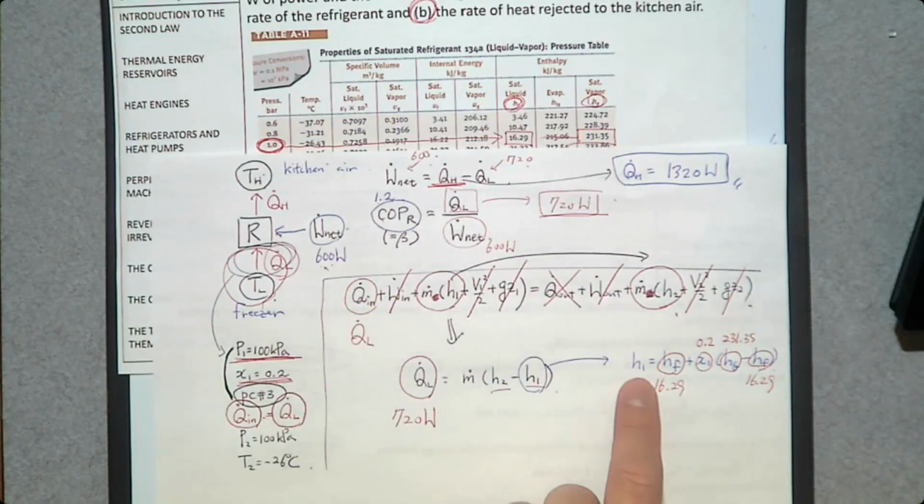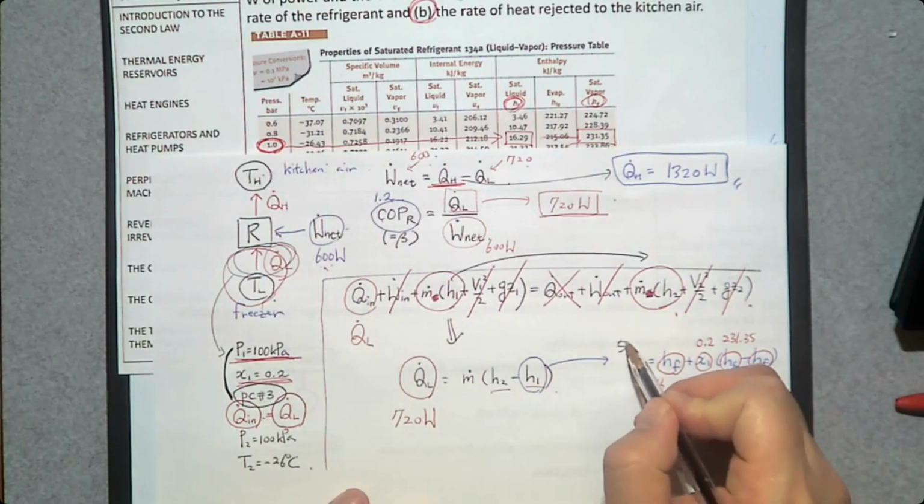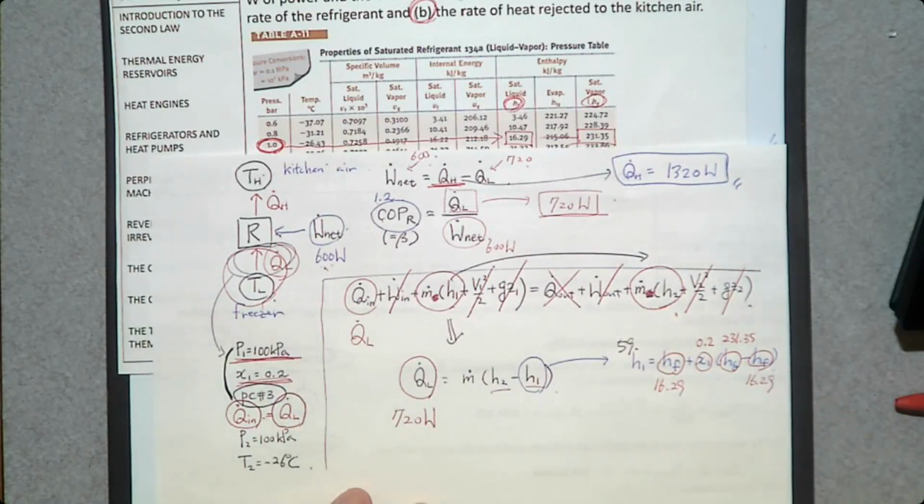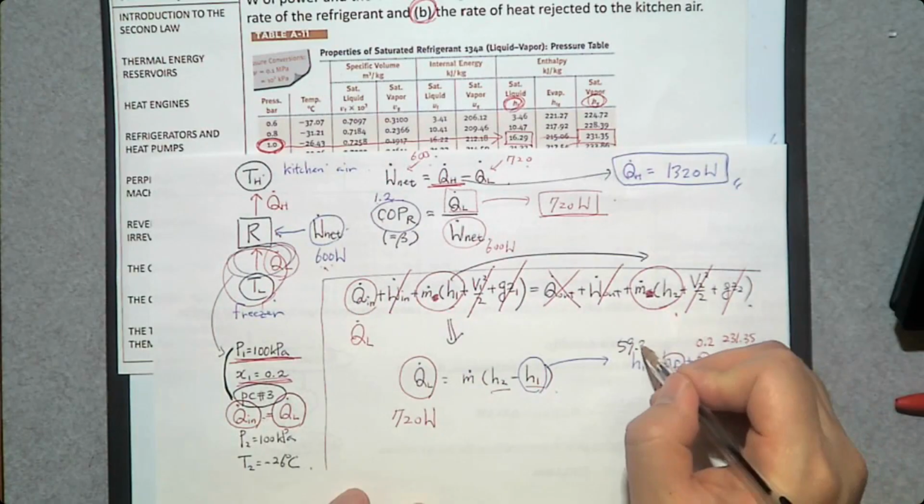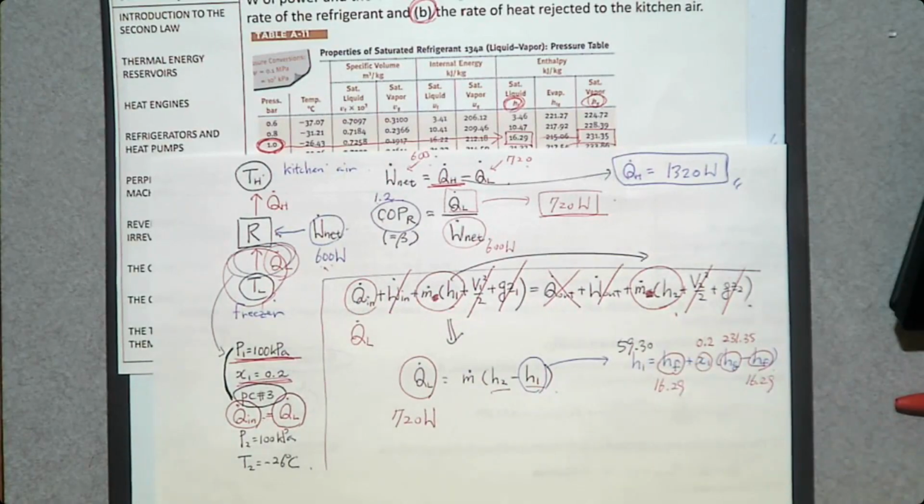So from this, we can determine h1. If you do, we get 59.30. That's h1.